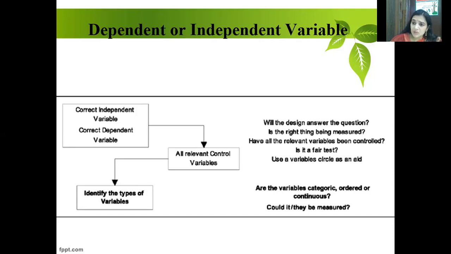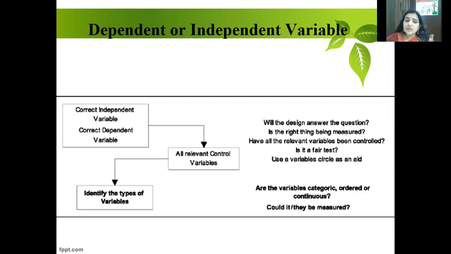Independent variables can influence dependent variables, but dependent variables cannot influence independent variables. This is a very good example of good grades in marks: if you study well, then you will be getting good grades. And this is actually true.